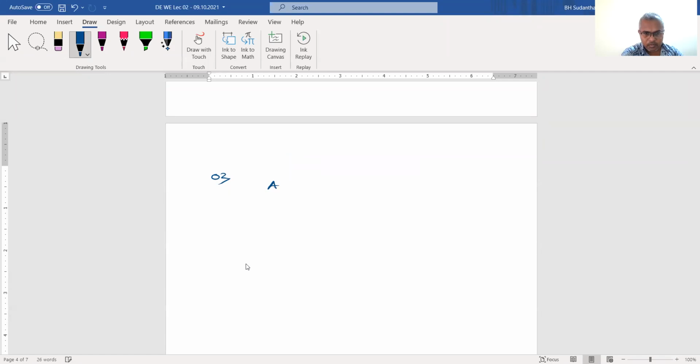We have 3 input columns, A, B, C, and 1 output column, that is E, alarm. Then here you have 8 different combinations. How do we know? Because we have 3 inputs, 2 to the power 3, 8 combinations are there.